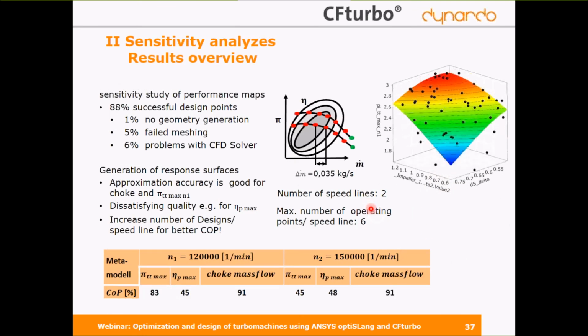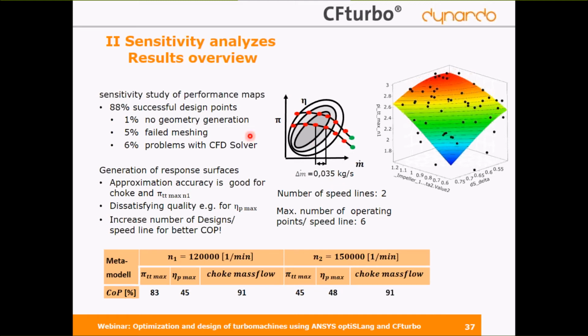Now let's have a look at the results. In this case, the corrected mass flow has been constantly reduced by this value, and the maximum number of operating points per speed line was 6, and the number of speed lines has been 2.